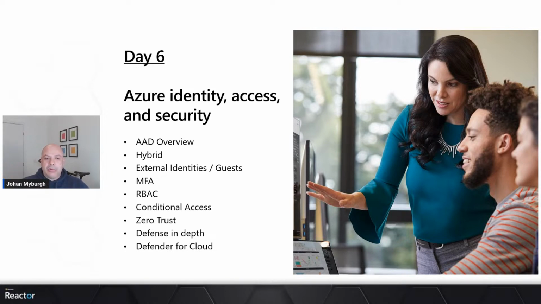We will chat a little bit about hybrid identities and how you can achieve something like a hybrid identity. We will then talk about external identities, guests that you might invite to your environment. Then we will spend some time around multifactor authentication, role-based access control, and then delve a little deeper into conditional access: what it is, what you can do with it, and why it's so important.